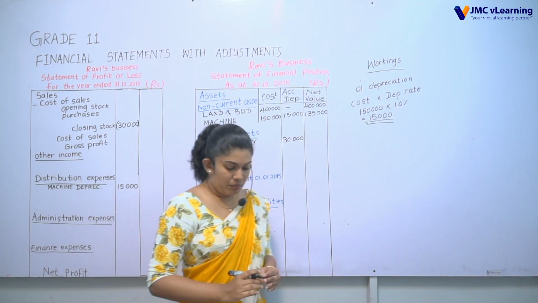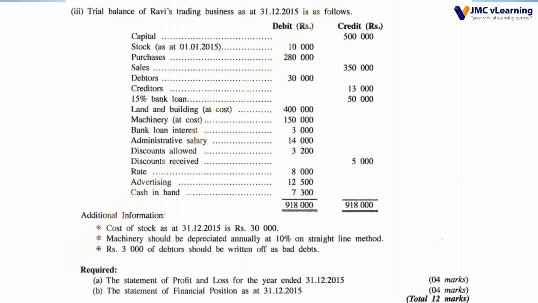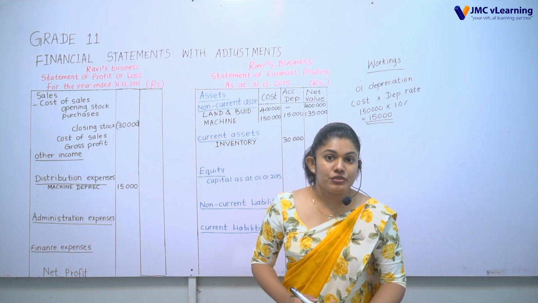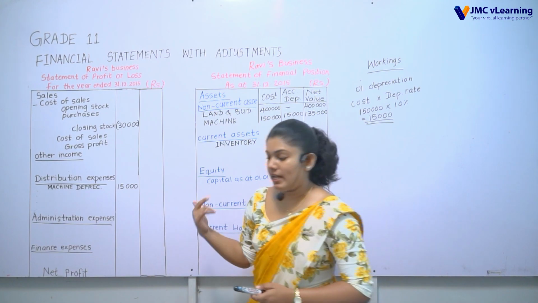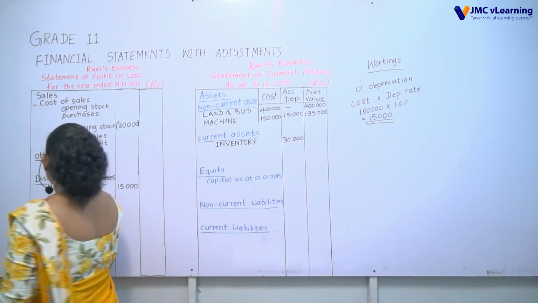Next, we are moving on. 3,000 of debtors should be written off as bad debts. Now you know what to do. You have to immediately record it as a distribution expense: bad debts 3,000.